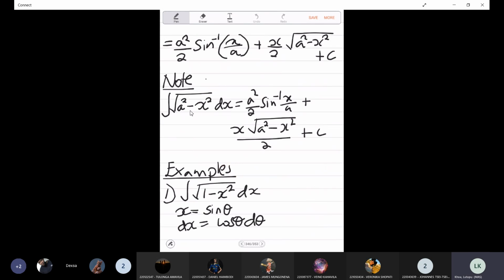This is the formula for the integral, where you would just substitute a and then you are done with your integral. But with a question, you have to look at how many marks it is. So if a question like this is worth 3 marks, then maybe just go ahead and use the formula if you can remember it.